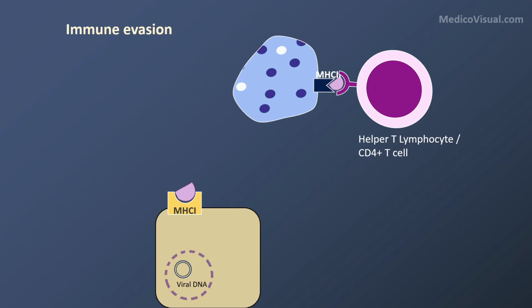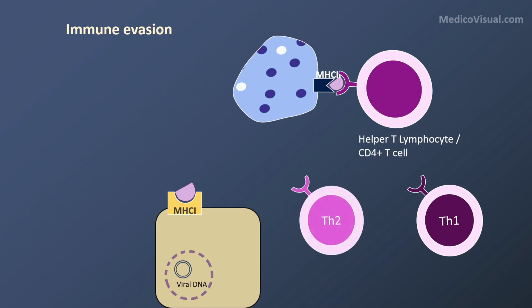So the helper T lymphocyte can differentiate into Th1, or type 1 helper T lymphocyte, or Th2 helper T lymphocyte. Both are subsets, or types, of helper T lymphocyte.